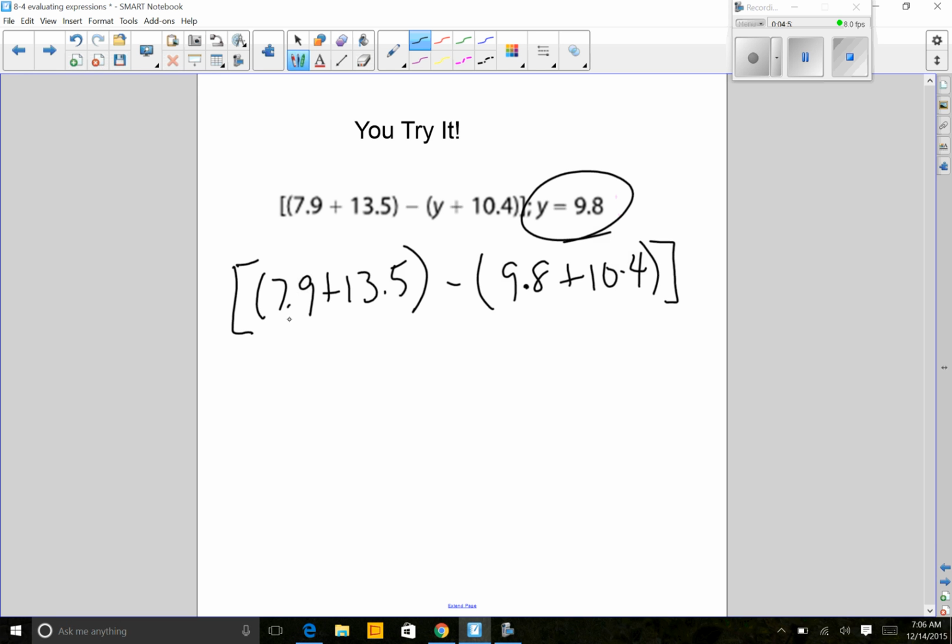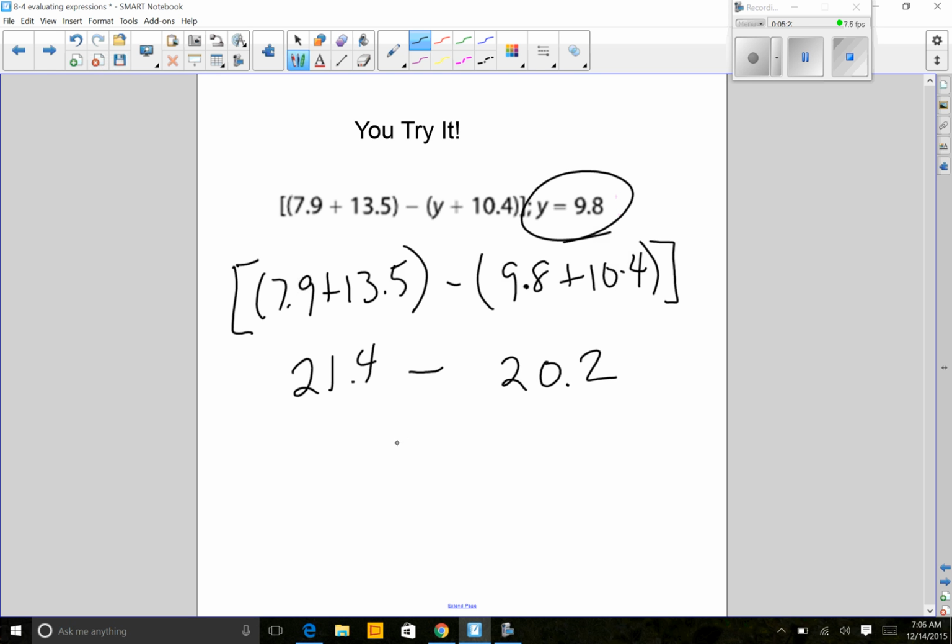So we have 7 and 9/10 plus 13 and 5/10, which would be 21 and 4/10. Minus, and then 9 and 8/10 plus 10 and 4/10 would be 20 and 2/10. Did I do those right?